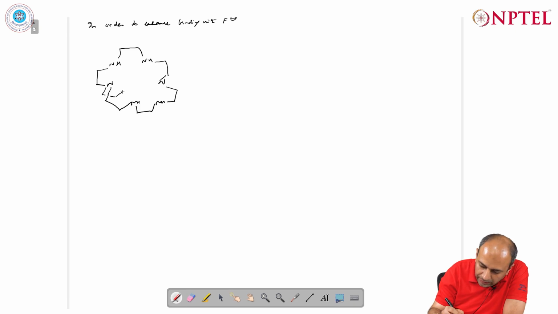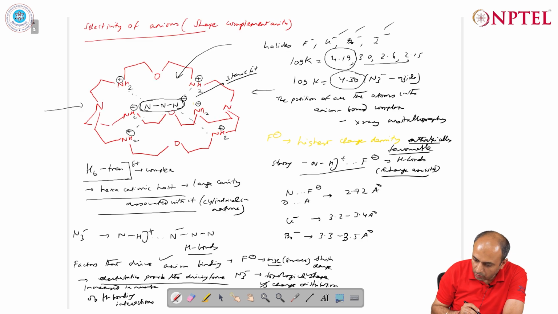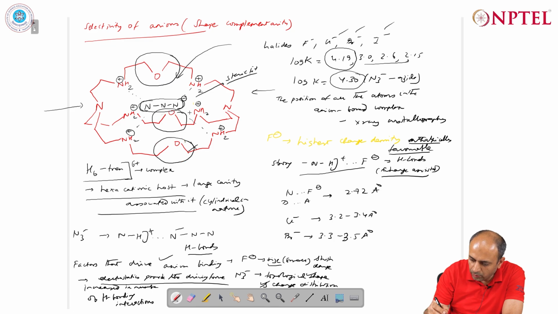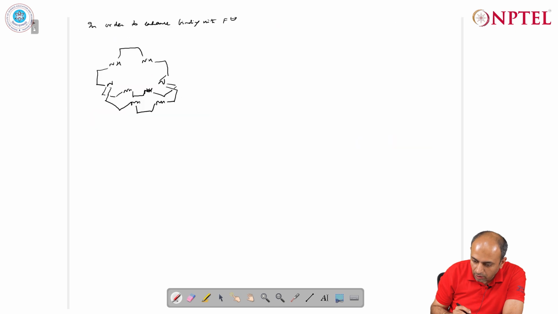If you compare now, we have removed this particular part. This particular part has been chipped off, and now we have got a slightly modified host, and in this host we have again hexaprotonated it.